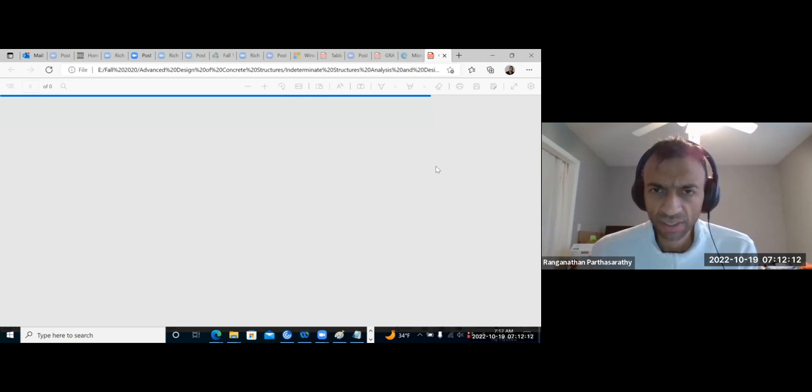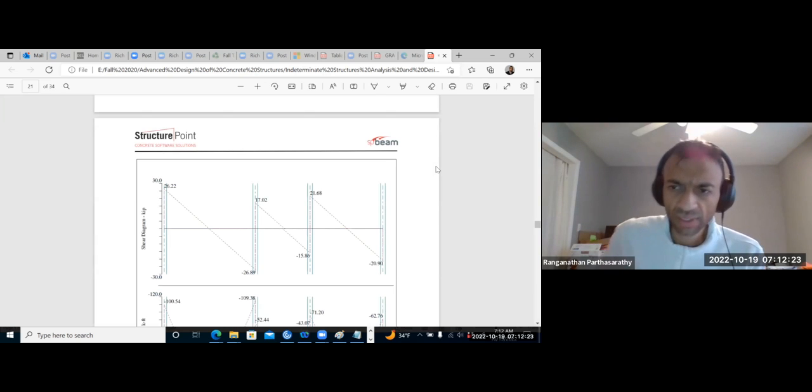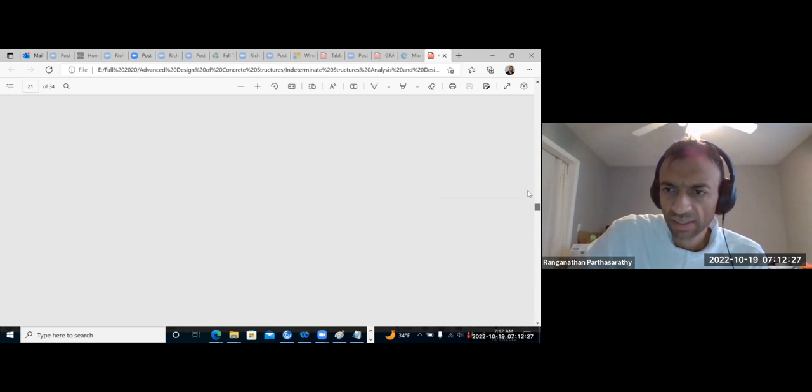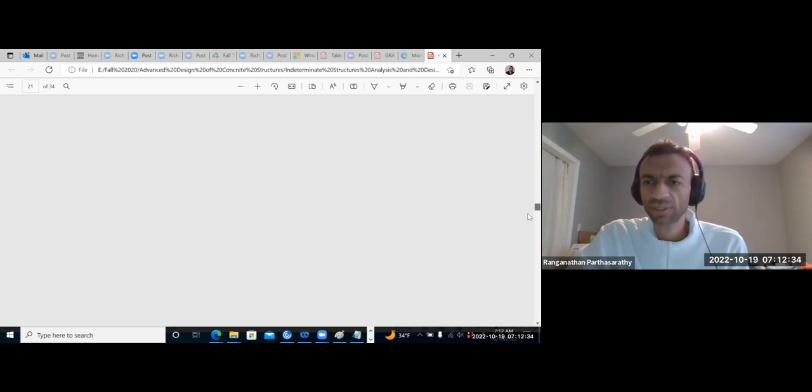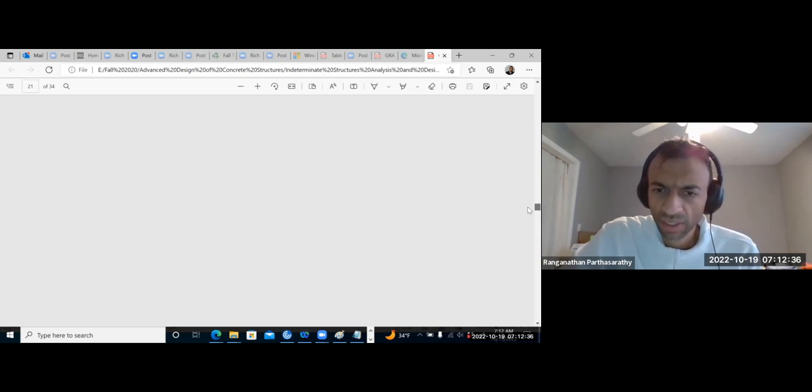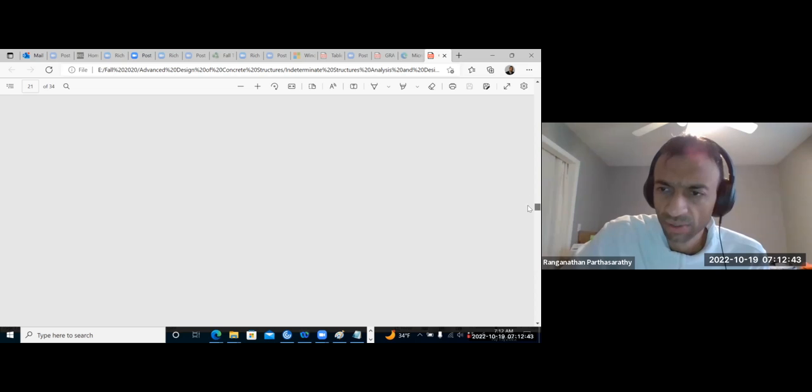There is possibility of plastic hinges developing at certain joints, especially the negative moment regions, and that will cause a slight decrease in the negative moments and a slight increase in the positive moments. Because of this, the code allows us to reduce the amount of negative reinforcement that we provide in continuous beams.